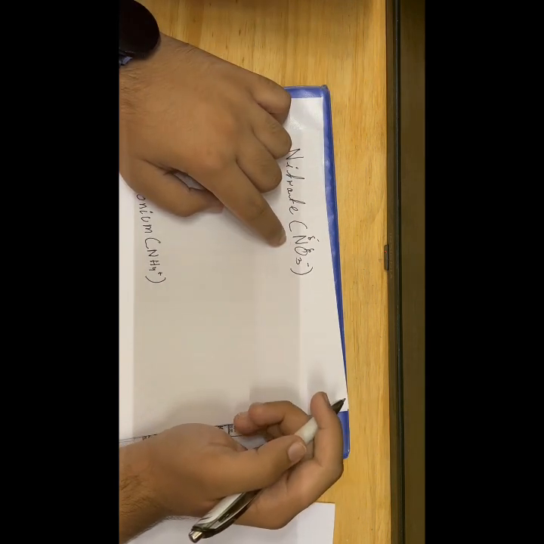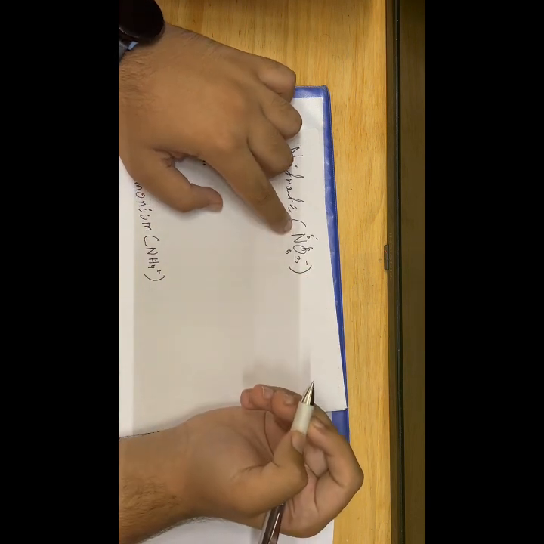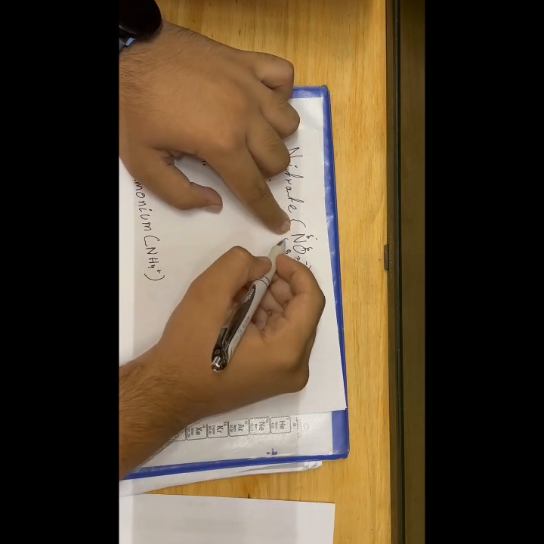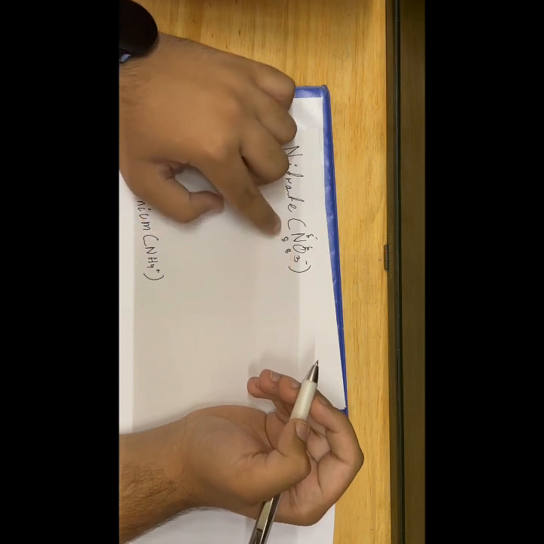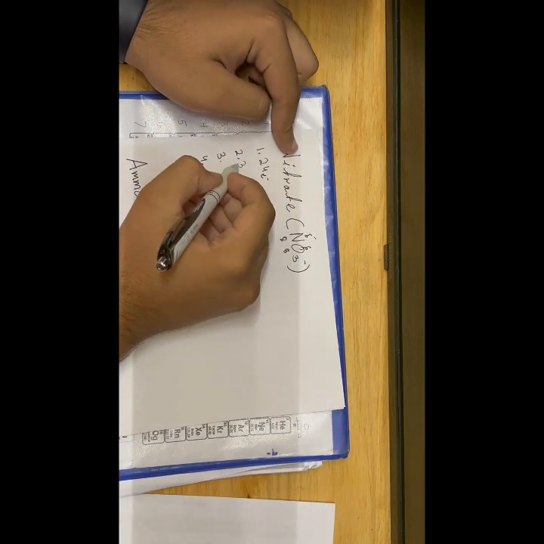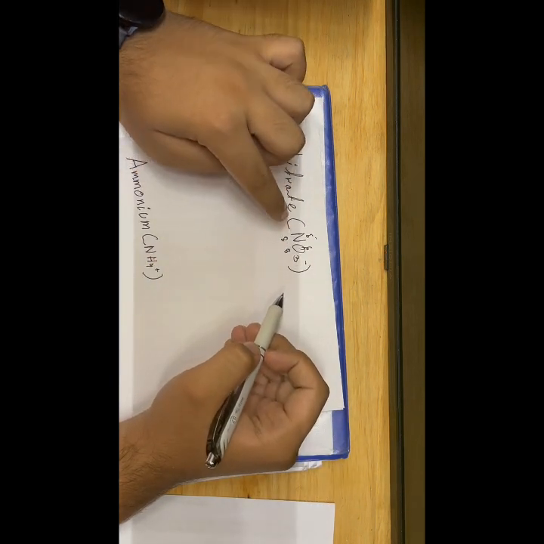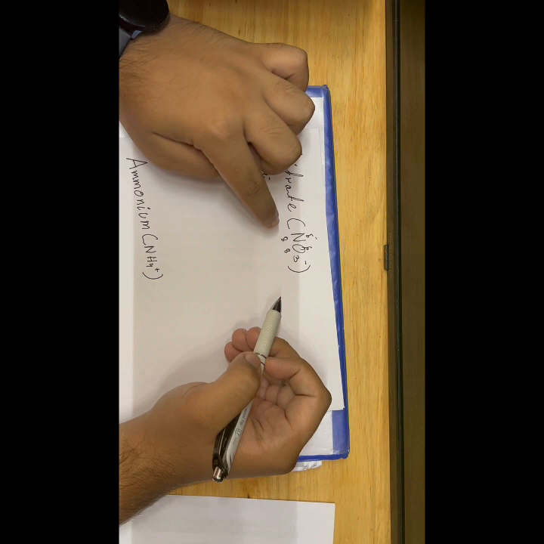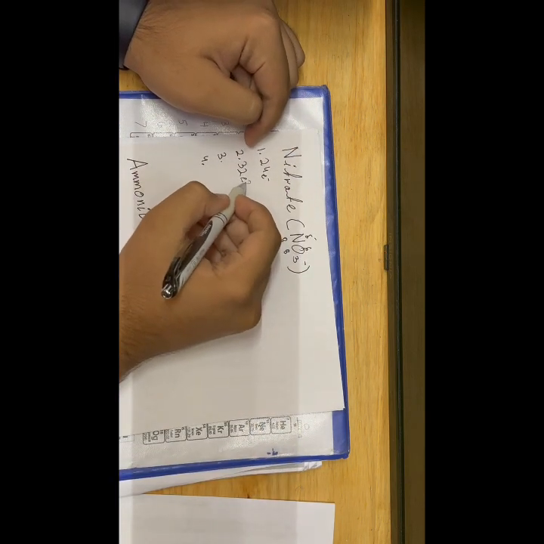Oxygen can hold a total of 8 electrons. Nitrogen can also hold a total of 8 electrons. So 8 times 3 is 24, and 24 plus 8 is 32. Since the elements in our polyatomic ion follow the octet rule, the total number of electrons would be 32.